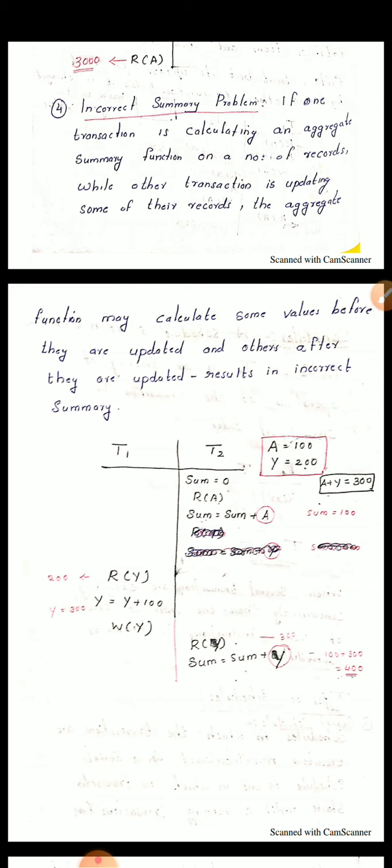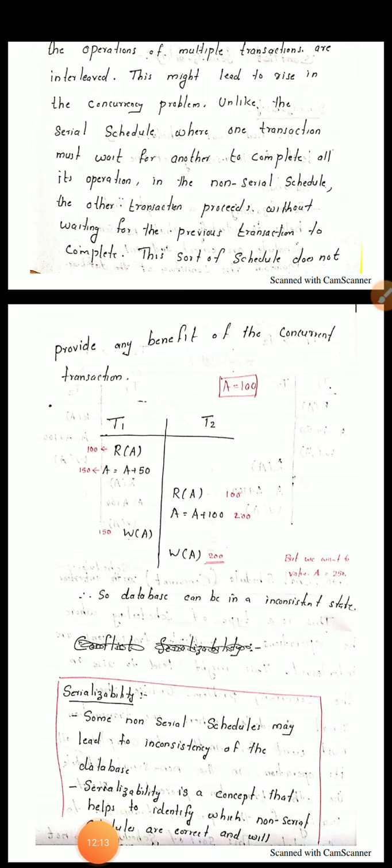A plus Y before the transaction is 300, and after the transaction Y is 300 and A is 100, so 100 plus 300 is 400. 400 versus 300, so it is inconsistent. That is the incorrect summary.